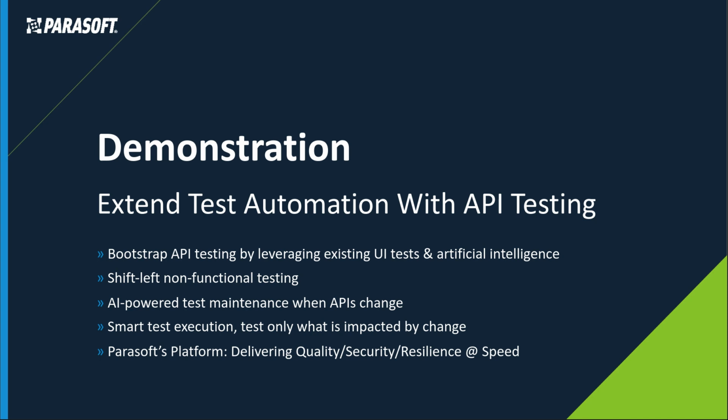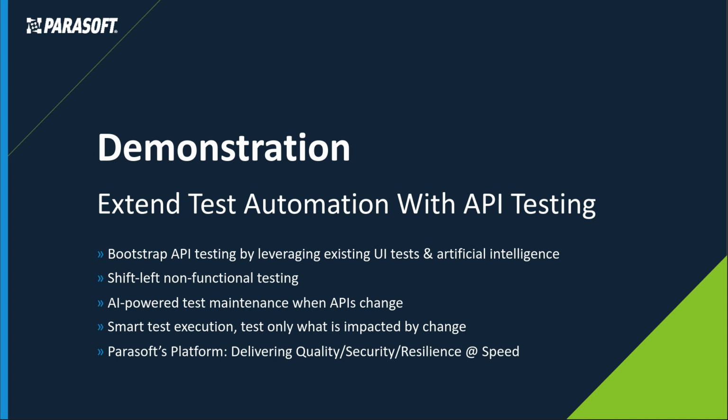In fact, we're going to be leveraging a Selenium-based UI test created with Parasoft Selenic to help us bootstrap the API testing practice. Next, we're going to see how these functional API tests get reused for load and performance testing, as well as security penetration testing. And this speaks to those shift left goals with our customers' modernization initiatives.